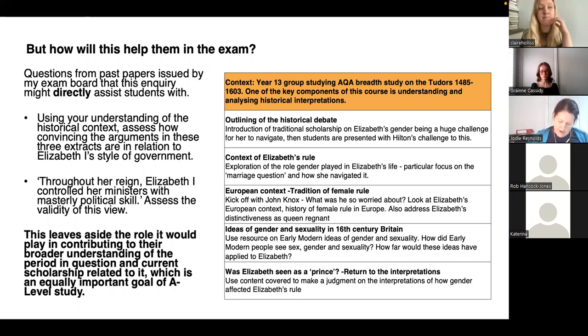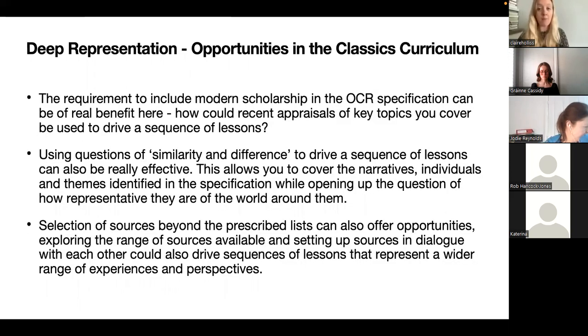So I think thinking about that as an equally important goal of A-level study, this kind of deep representation can really pay dividends in helping them in that respect too.